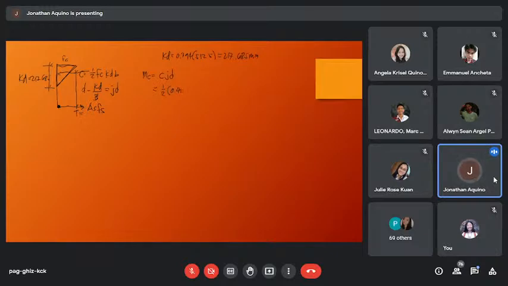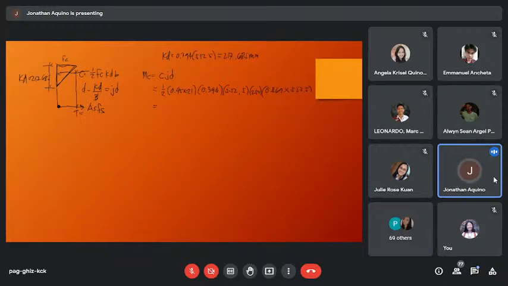FC is 0.45 times F prime C, 21 megapascal, times K of 0.394, okay, times D. D is 552.5 times B of 250 times JD. So J is 0.869 times D of 552.5 millimeter. So ilan yung value niya? So dapat parehas lang yung lalabas na value. Okay?